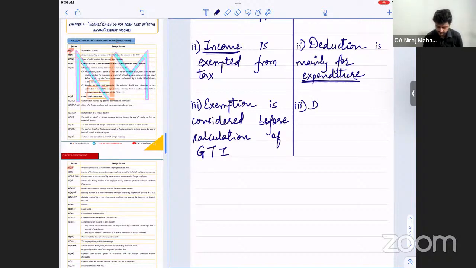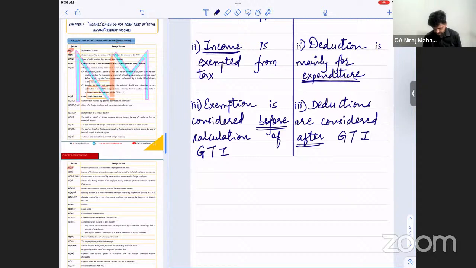And your deductions are considered after GTI. Okay. Done, all of you?